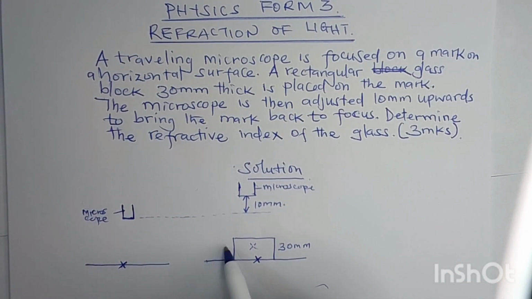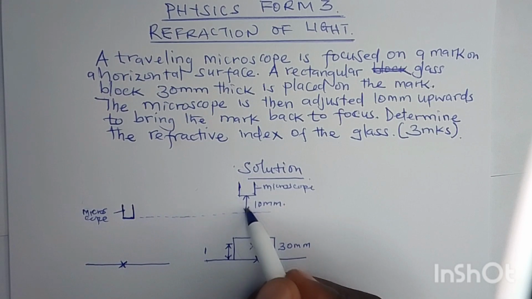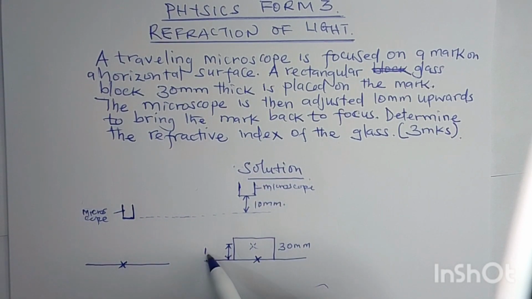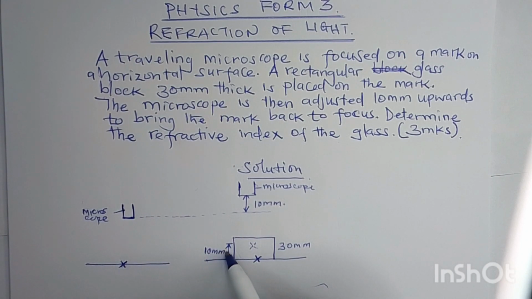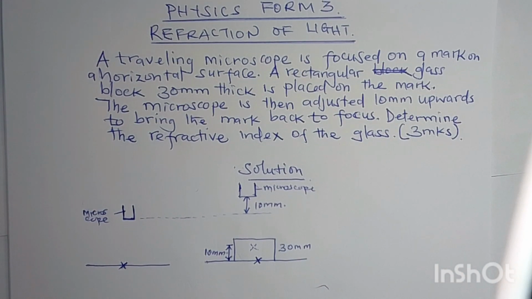So the distance from this point to this point, which we are calling the vertical displacement, is the same as the distance through which the microscope was adjusted upwards. So that is 10 millimeters. So at that point, learners, we can now calculate the refractive index of the glass.